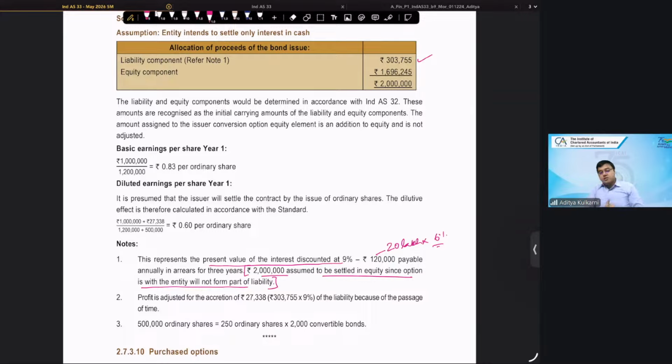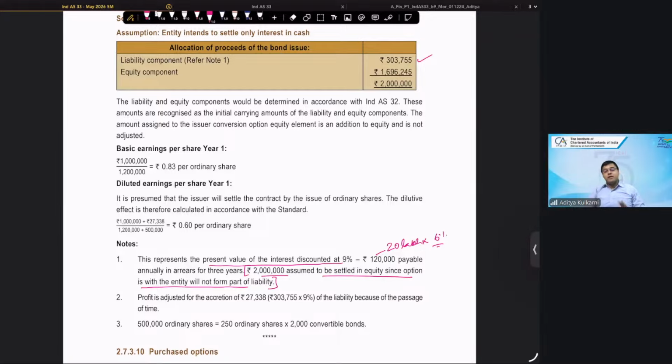And I have assumed that I will settle it in equity. The question has not given whether it will be settled in equity or not. The solution says that since it is with the entity, it will not form part of the liability. It will be settled in equity, which is fair enough.